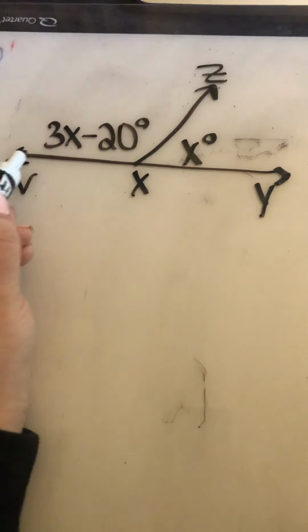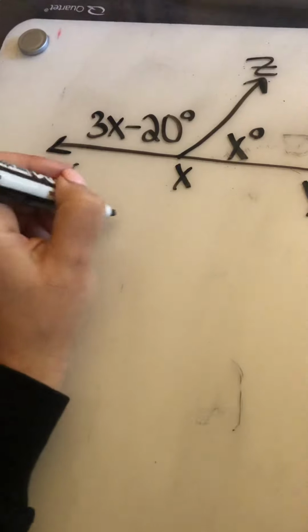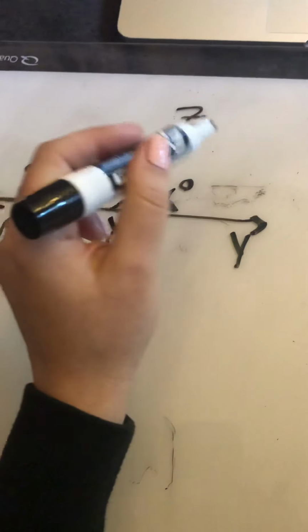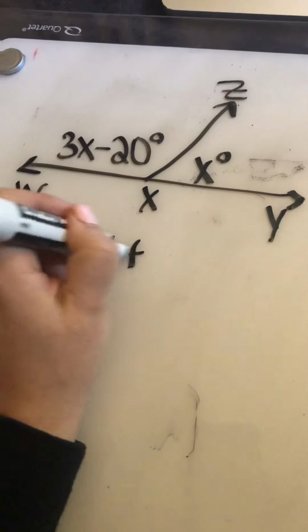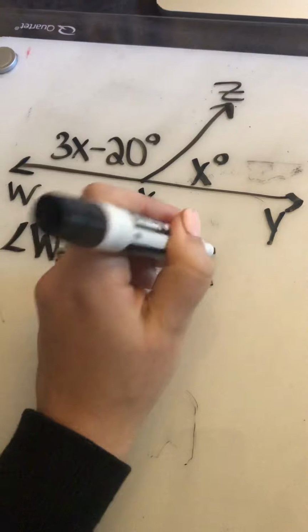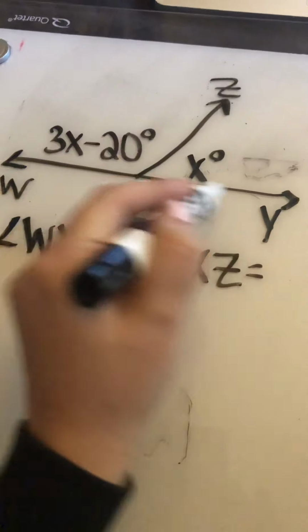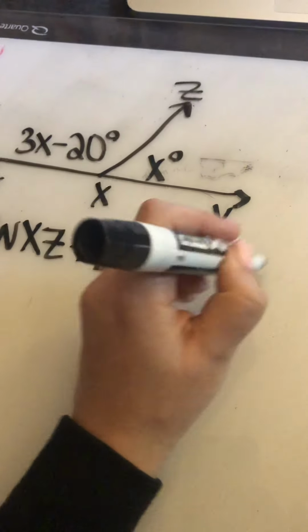So we have angle WXZ, right? Angle WXZ plus angle YXZ. If I add them together, if I put them together, this angle put together with this angle, we know that it would equal 180 because they're forming this straight line.